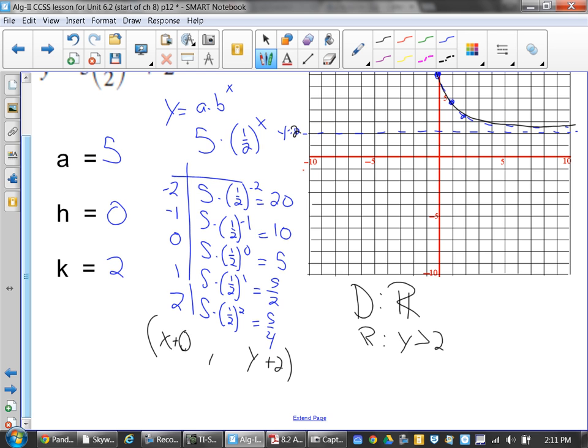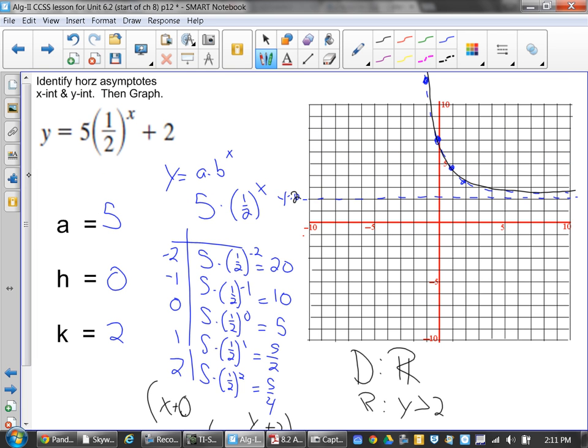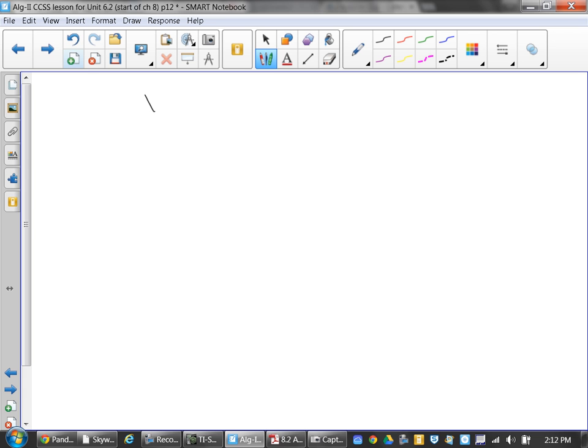Let's do it. Now, let me show you a nice little trick. You might have started to pick this up. The parent function's y-intercept.